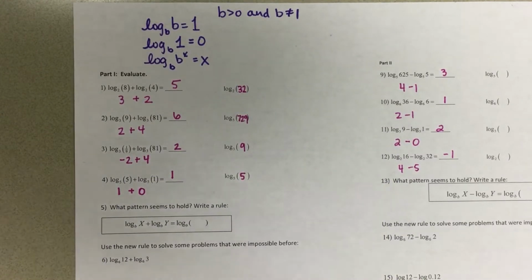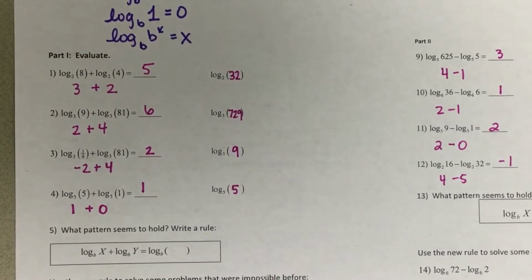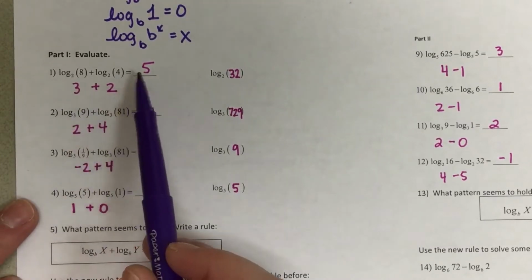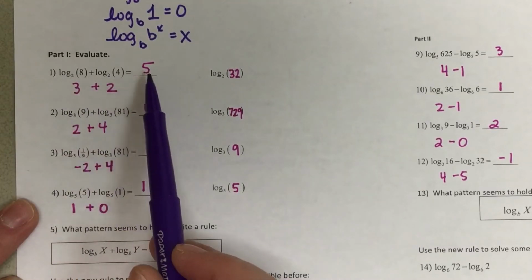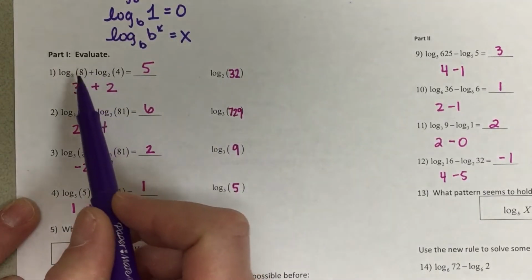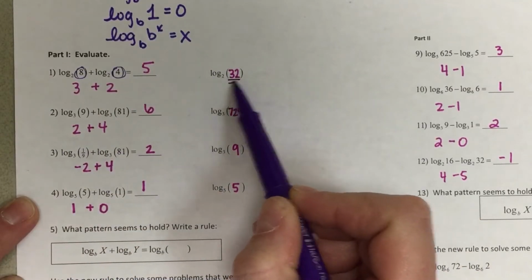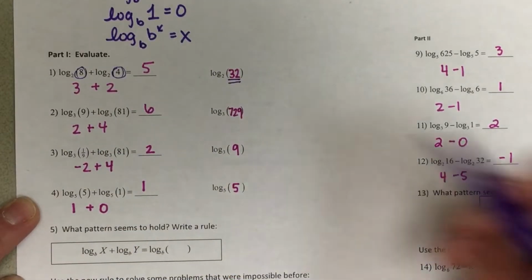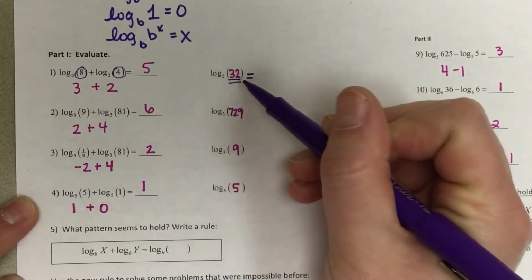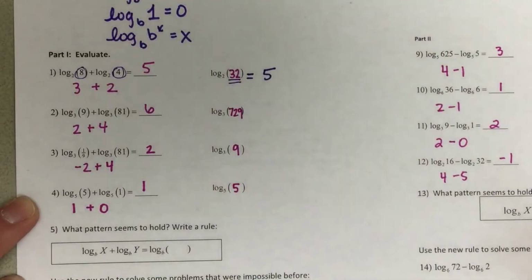Now, what I want you guys to see is how some of these laws of logs are going to work. Hopefully you got that the sum of these would have ended up being 5. But now, if I take 8 times 4, I get 32. Well, this means 2 to what power gives us 32? That's going to be 5.